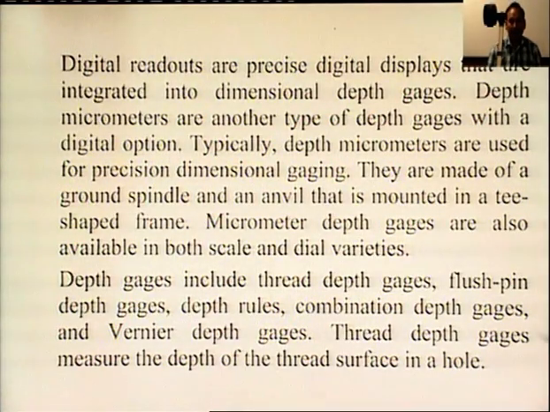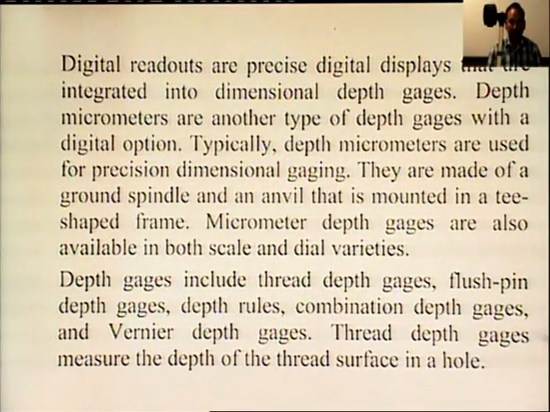Digital readouts are precise digital displays that are integrated into dimensional depth gauges. Depth micrometers are another type of depth gauges with a digital option. Typically, depth micrometers are used for precision dimensional gauging.